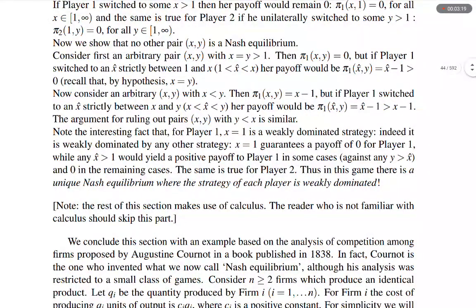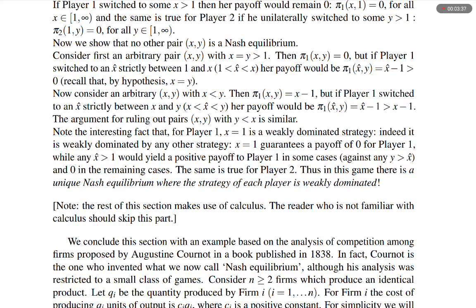Now we can show that no other pair (x, y) is a Nash equilibrium. Consider first an arbitrary pair (x, y) with x = y greater than 1. Then π1(x, y) = 0.